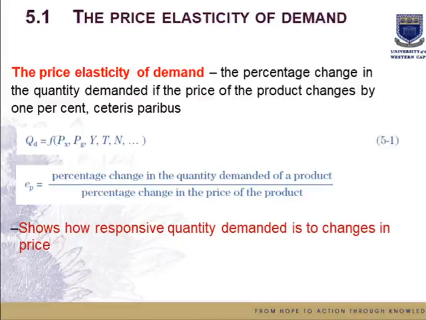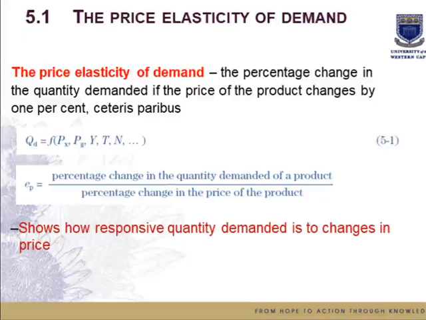Formally defined, the price elasticity of demand is the percentage change in the quantity demanded if the price of the product changes by 1%, ceteris paribus. The coefficient for price elasticity of demand is found by dividing the percentage change in the quantity demanded of a product by the percentage change in the price of the product.